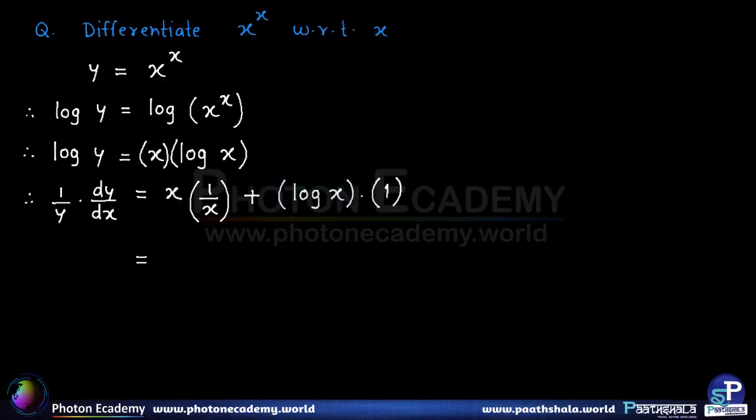So we have the right hand side as simply 1 plus log x.